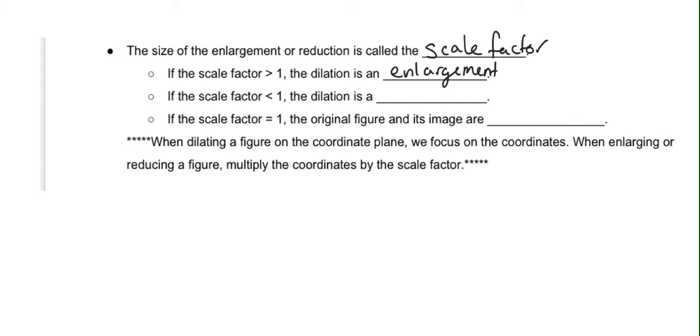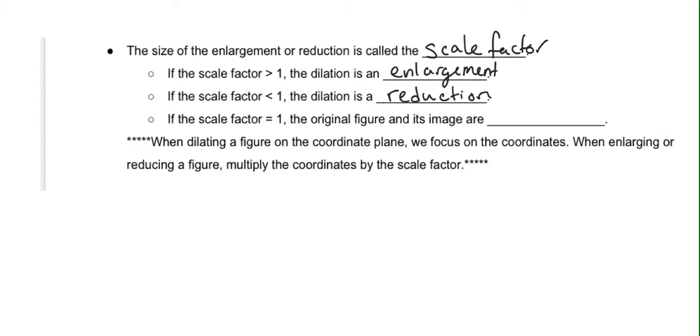So the shape is going to get bigger. If it's less than 1, so between 0 and 1, then the dilation is going to be a reduction, or get smaller. So this would be like 1/2 or 1/4 or something like that.